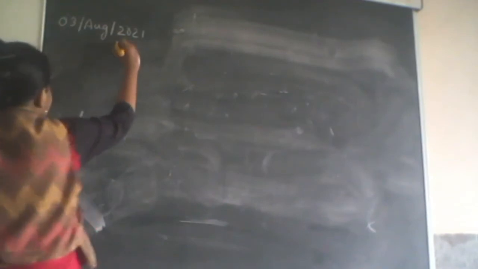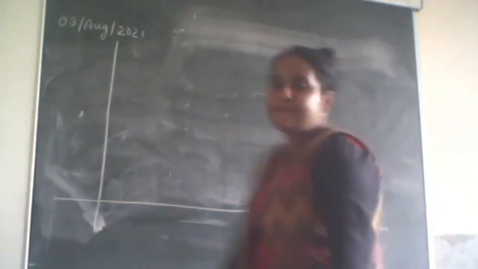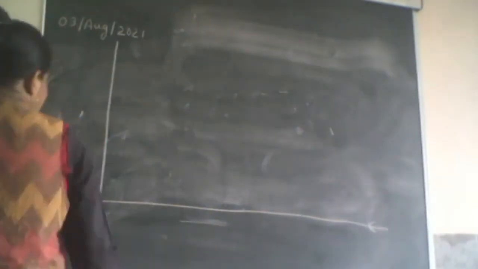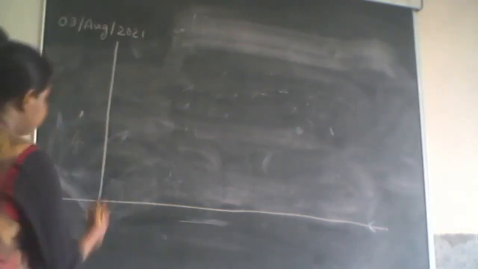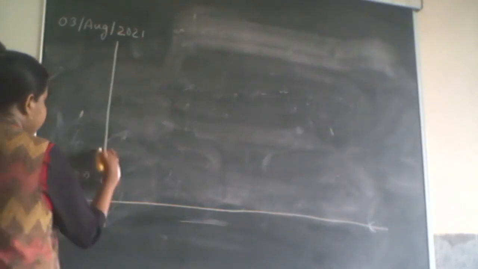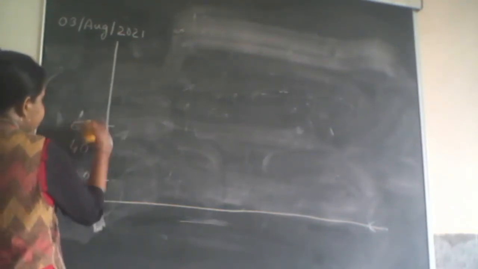Yes, ma'am. Okay, then according to the table we will be drawing a graph. I am following table 1 first. Distance ग्राफ का डिफरेंस क्या क्या दिया है? 0, 20, second block is 40, third block is 60.